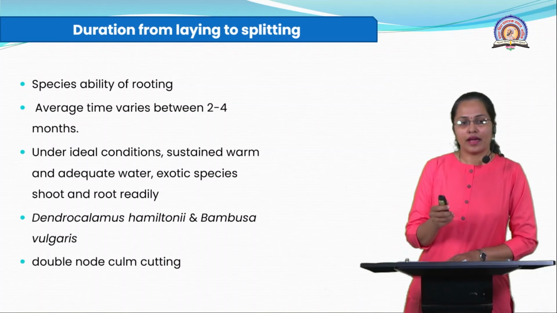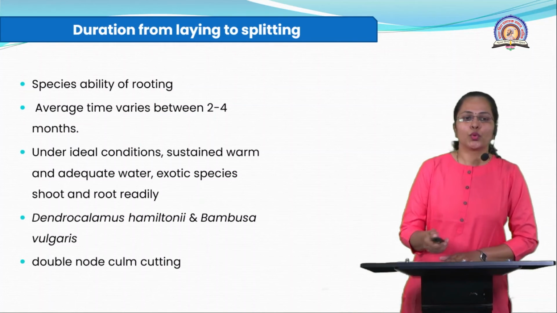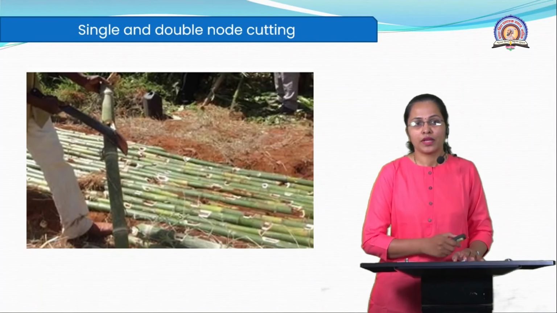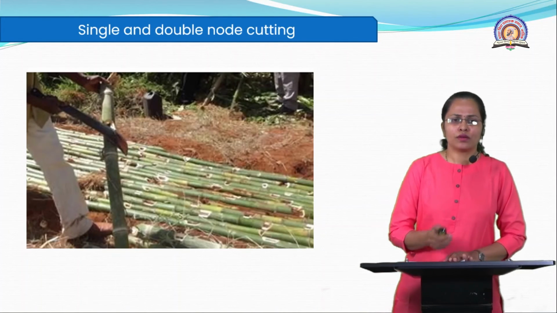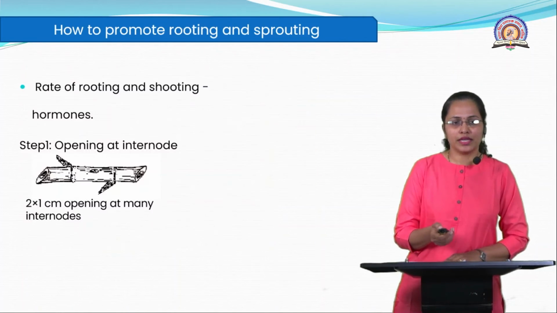At the time of cutting, we always prefer the double node clump type of cutting. This is a picture or diagram which shows the single or double node type of cutting.